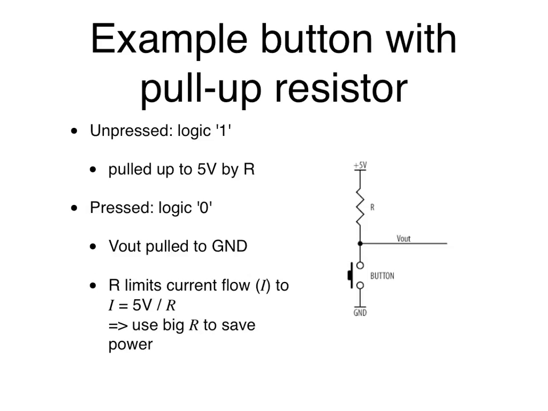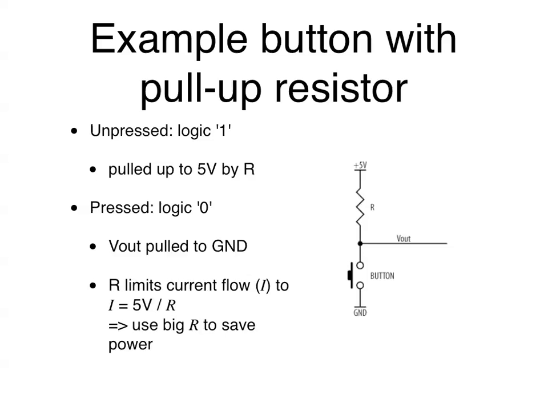Okay, so by default, the V out there is the high value. If you measure the voltage, it's the same as 5 volts. And when you press the button, it pulls it down to ground. That's how most push buttons work. And when you release it, it goes back to the high voltage.